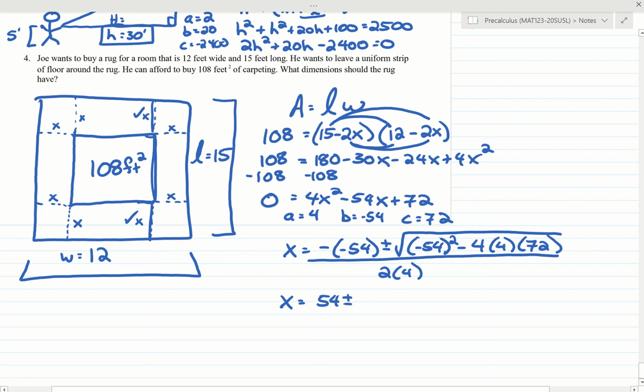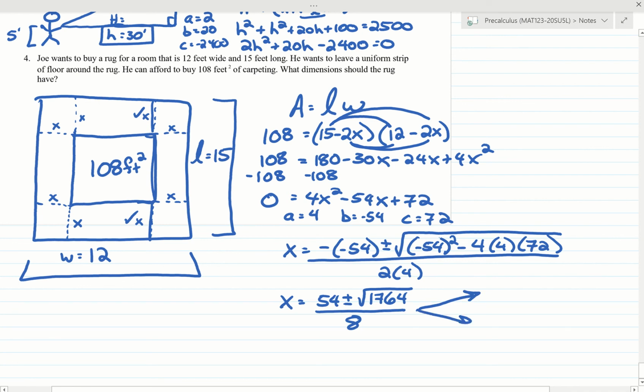And just simplifying this on the calculator, negative 54 squared minus 4 times 4 times 72 comes out to be 1764 over 8. We're going to get two answers for x.